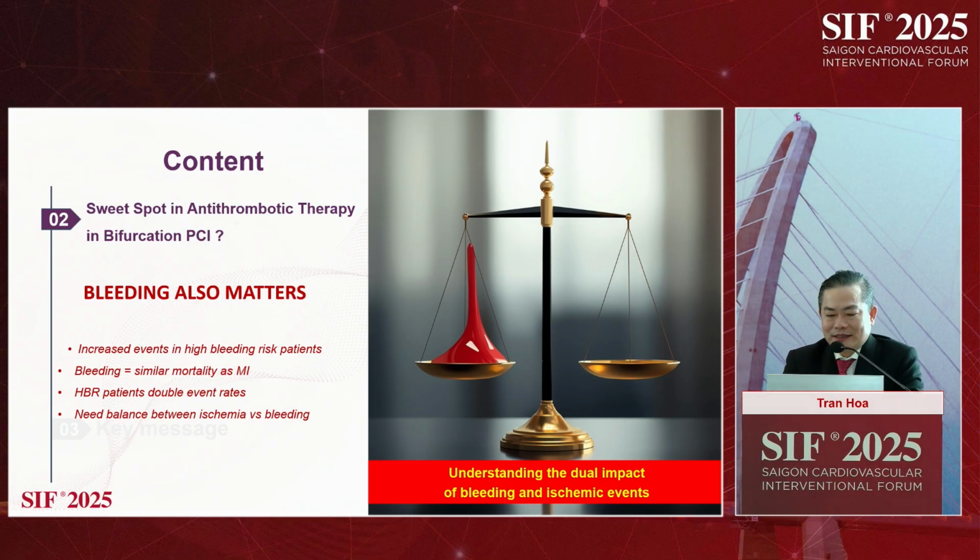But in a patient with high thrombosis risk, you have to use a potent antiplatelet, so the patient is associated with high bleeding. Bleeding is also important because major bleeding has a mortality similar to myocardial infarction, and a patient with high bleeding has a doubled risk. So in daily practice we need a balance between ischemic and bleeding risk.